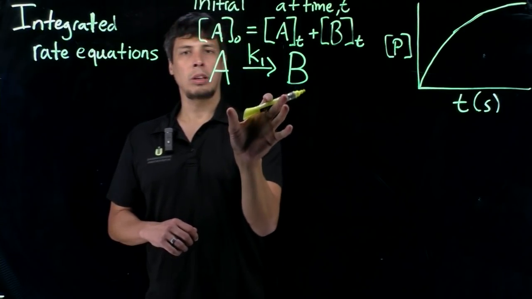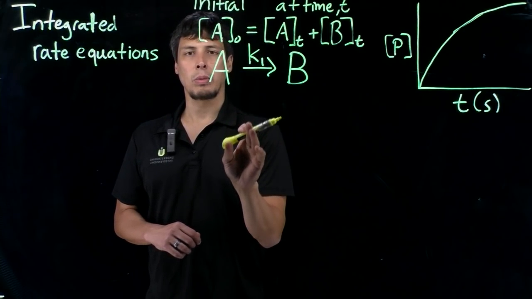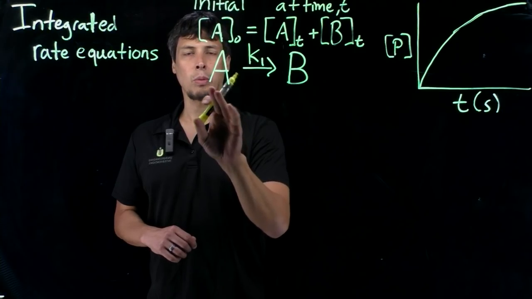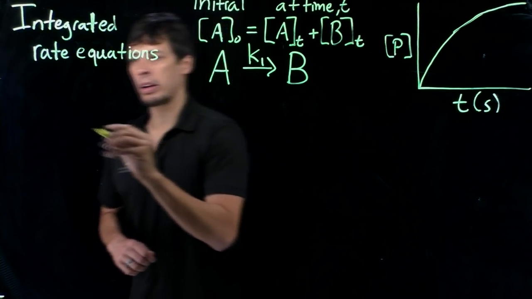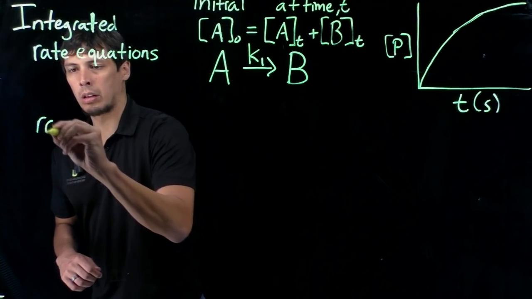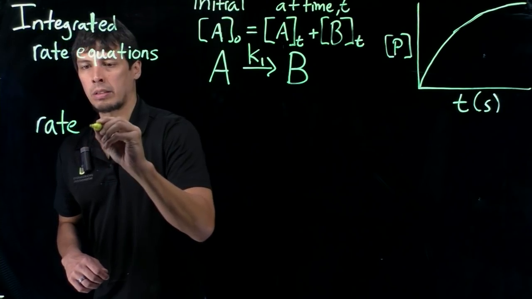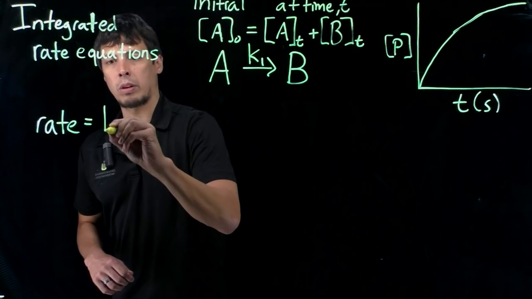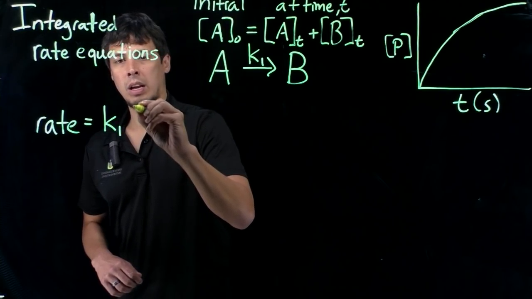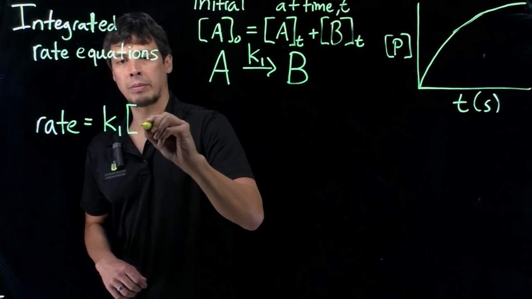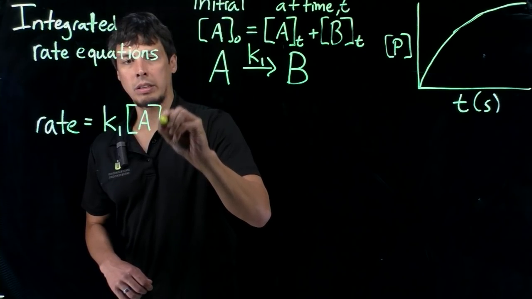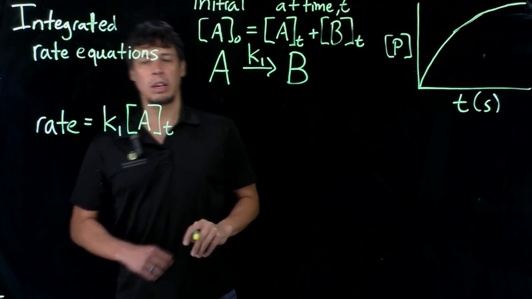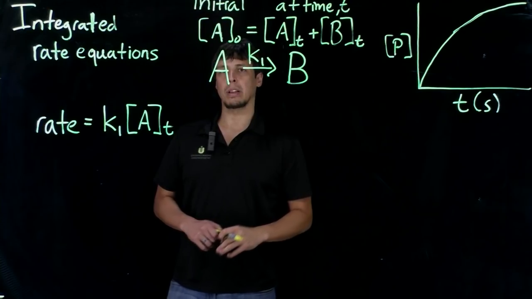Looking at the equation, we can think of a rate, for instance. Remember, rate is going to be equal to the rate constant, in this case k1, times the concentration of the reactant at any time t, so k1 A t.